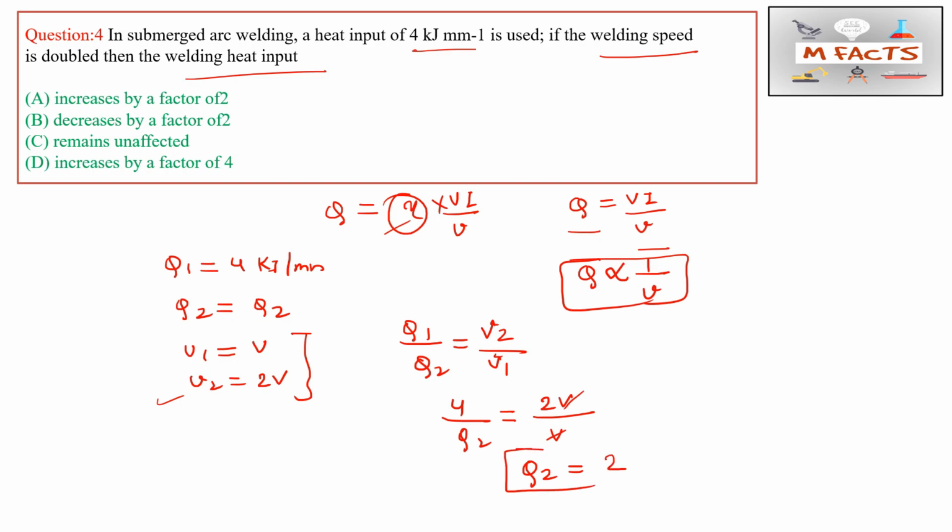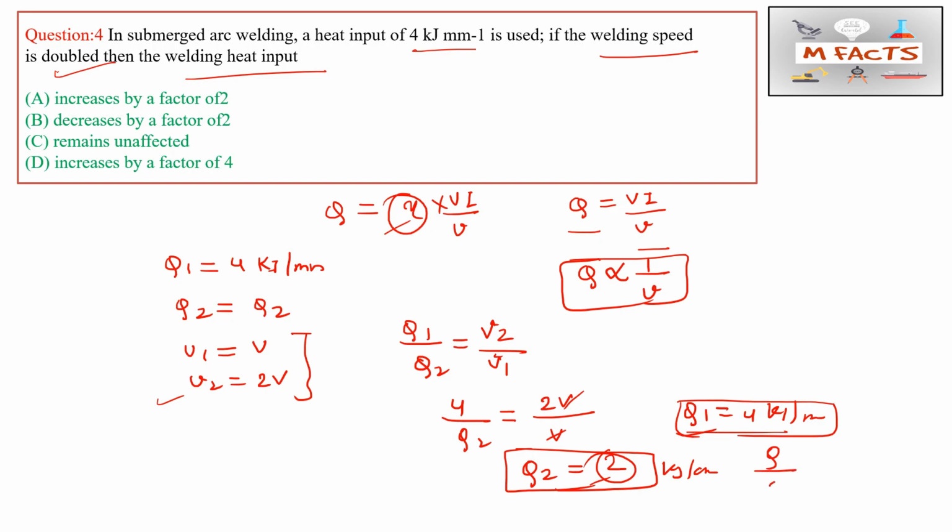From here, Q1 is equal to 4 kilojoule per mm, and Q2 is equal to 2 kilojoule per mm. So if we double the welding speed, the heat input will be reduced by a factor of 2. How? This Q1 by Q2, 4 by 2, gives 2. So this is decreased by factor 2. So option B is correct.